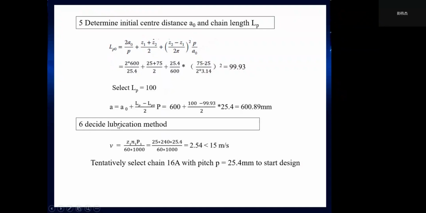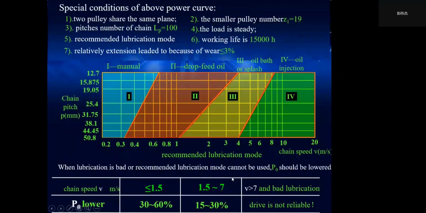And then determine the lubrication method. We calculate v as 2.54, and we select the pitch P as 25.4.